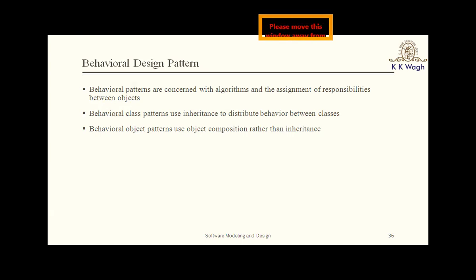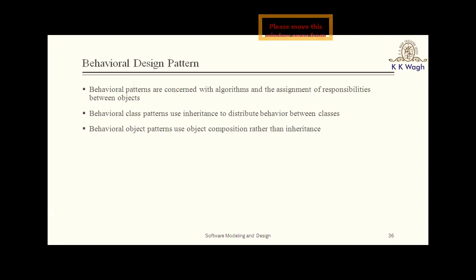Behavioral class patterns use inheritance to distribute behavior between classes. Behavioral object patterns use object composition rather than inheritance. Some describe how a group of peer objects cooperate to perform a particular task that no single object can carry out by itself.